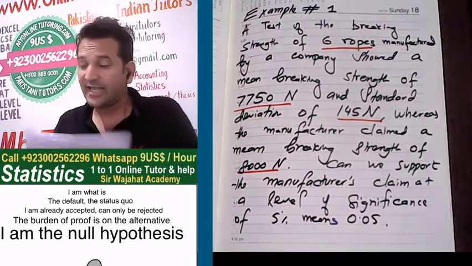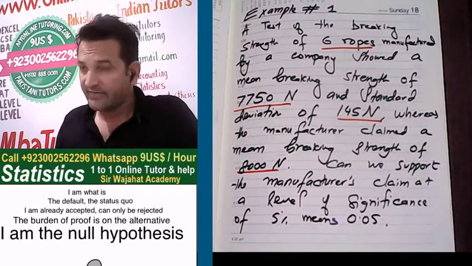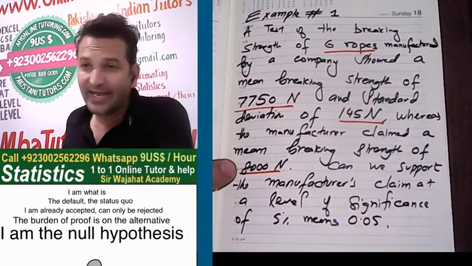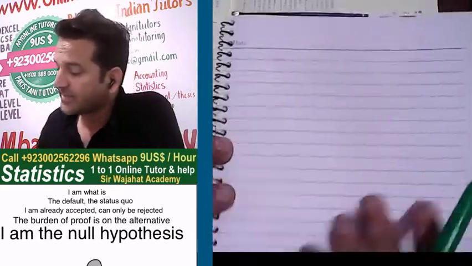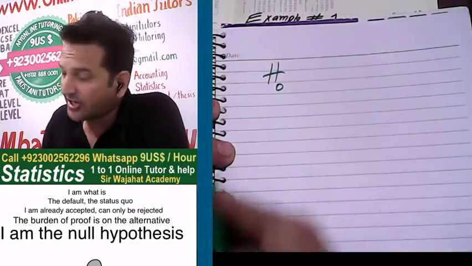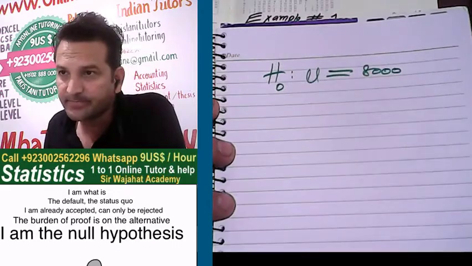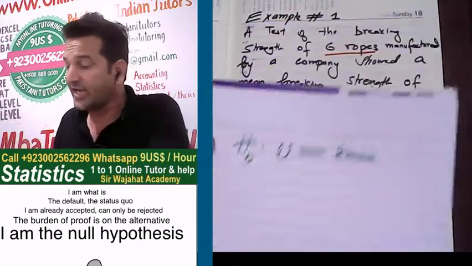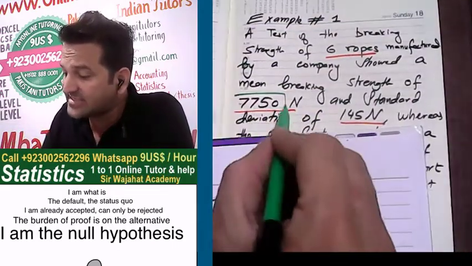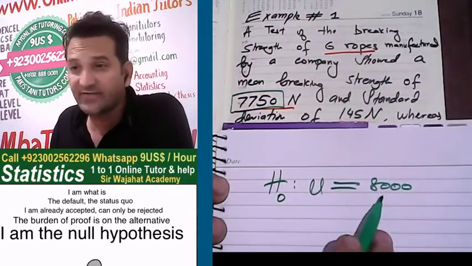We will not take the value of sample. We will only consider the claim of the manufacturer. So 8000 is the claim. So we draw H naught: mu is equal to 8000. When a sample is taken, we have found 7750, it means 7750 is less than 8000.